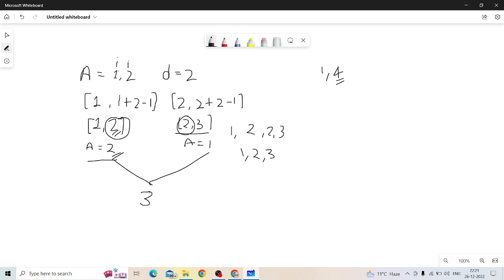But if this last second is equal to or greater than this second, as in this case 1, 2, then we have to find only the new part of the answer.